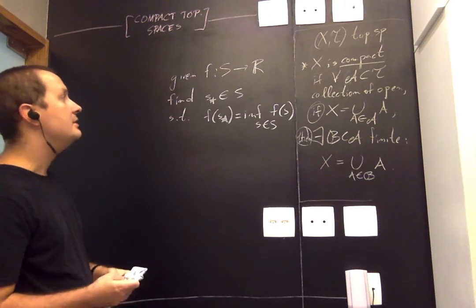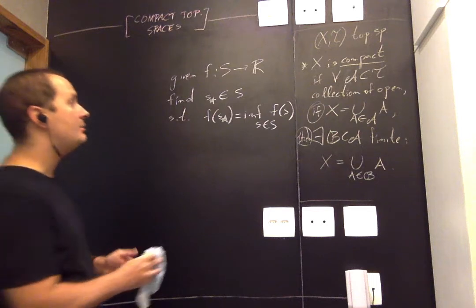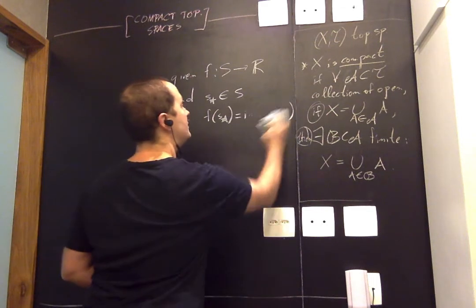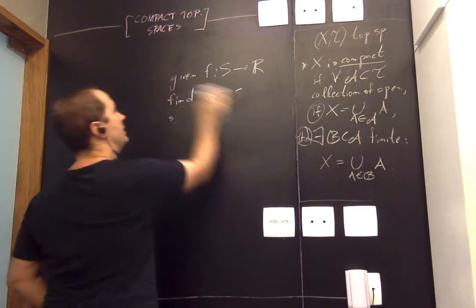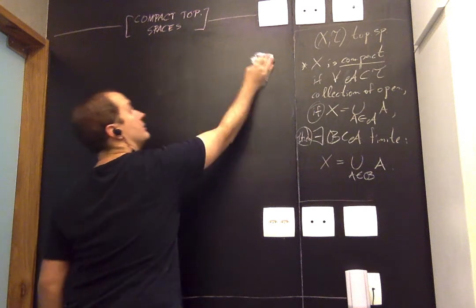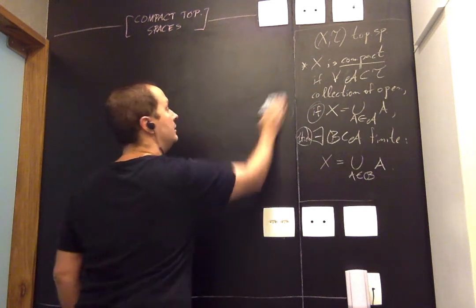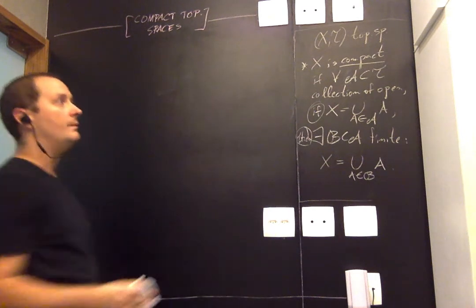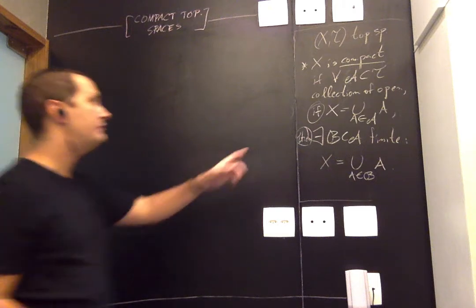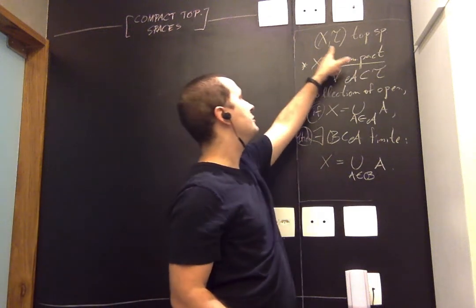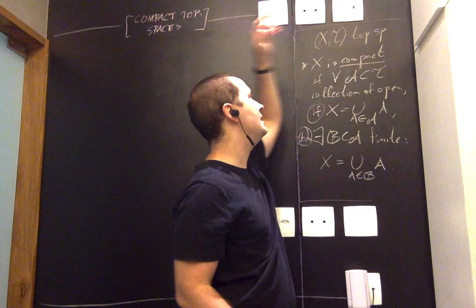But what is compactness? Well, the definition in the setting of topological spaces is kind of clumsy and abstract, and that's the main subject of the present video. So here's the definition. I have a topological space X and its open sets.